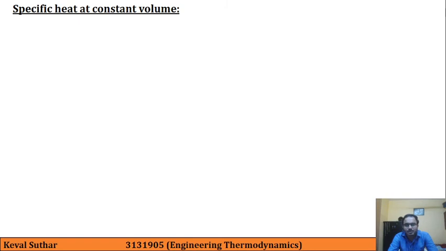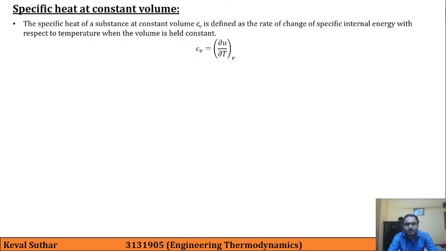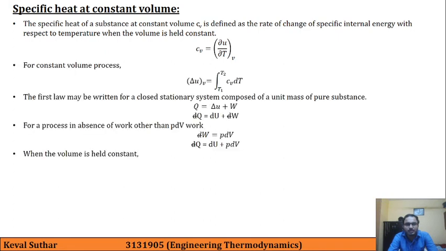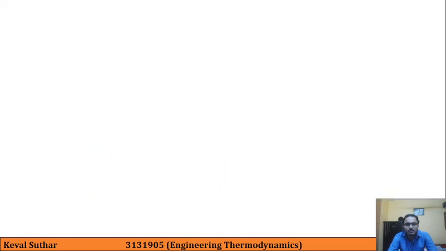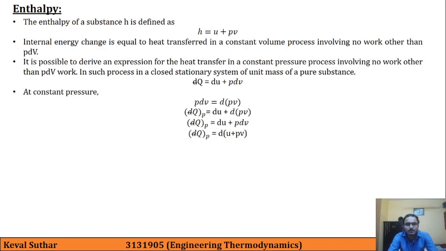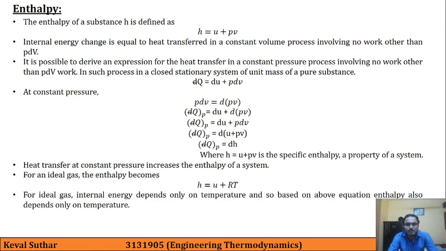The next theory was specific heat at constant volume given by del U upon del T at constant volume, and then we studied enthalpy, which is H is equal to U plus PV, and we derived the formula for the same.